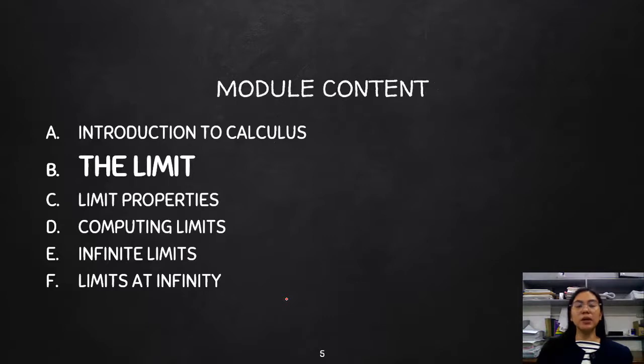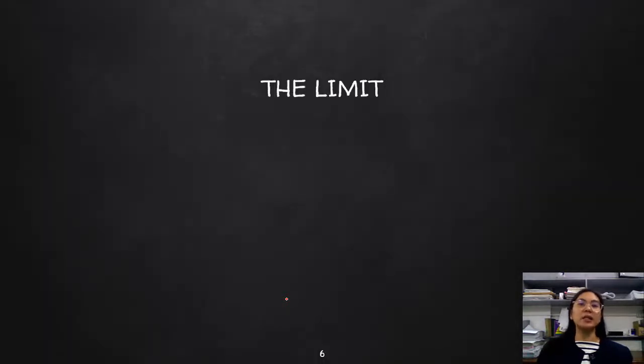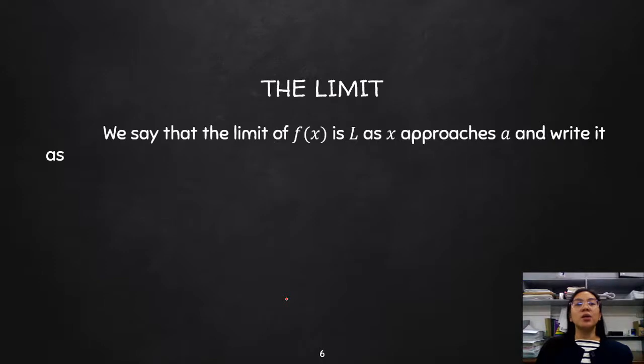Now let's go to the limit. What exactly is a limit? We say that the limit of f of x is L as x approaches a, and we write it as this particular formula. We read this as the limit of f of x is equal to L as x approaches a.